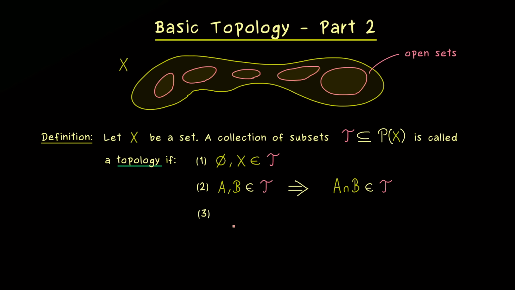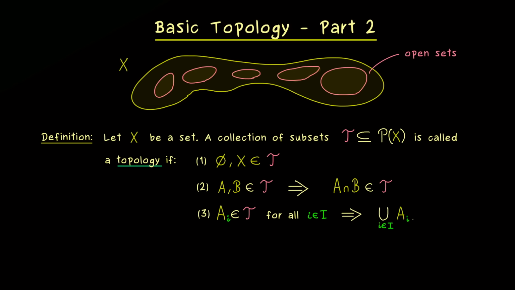And this is in contrast to the third property, where such a finite restriction is not needed. There you can take as many subsets as you want, and let's call them A_i. This means this index set capital I can even be uncountable.